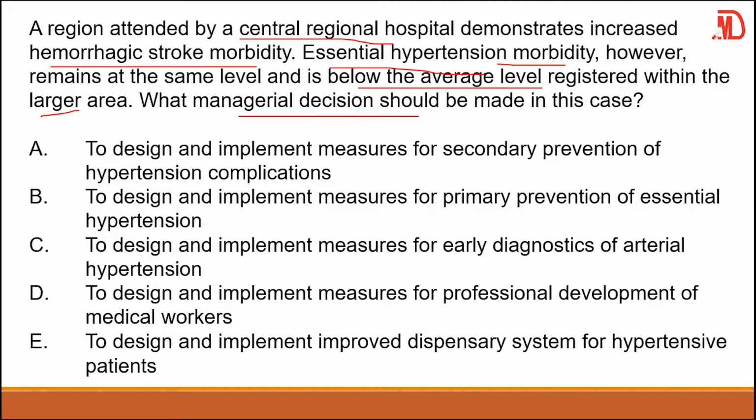So our right answer should be to design and implement measures for early diagnosis of arterial hypertension. Because if you're able to see it early, you can manage it early and it can prevent complications such as stroke and others. So your answer should be C.